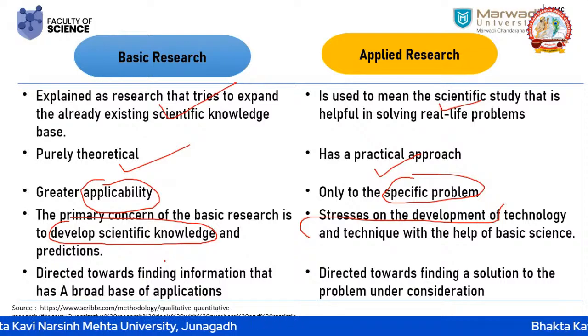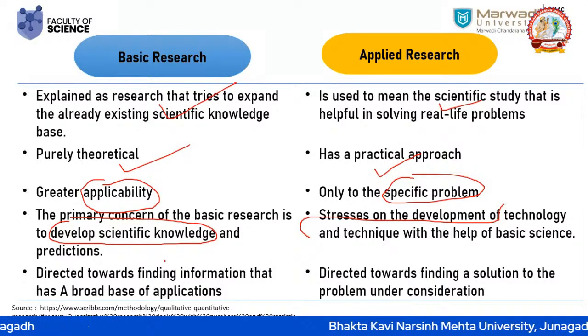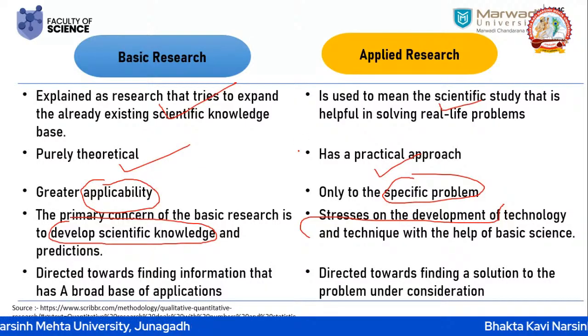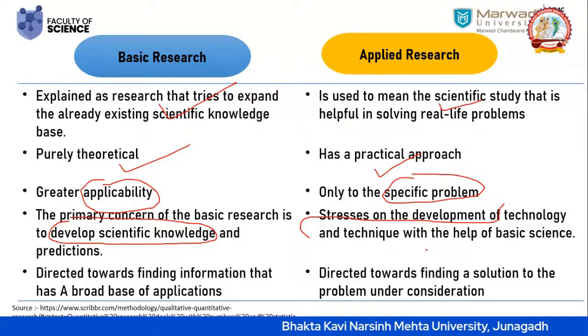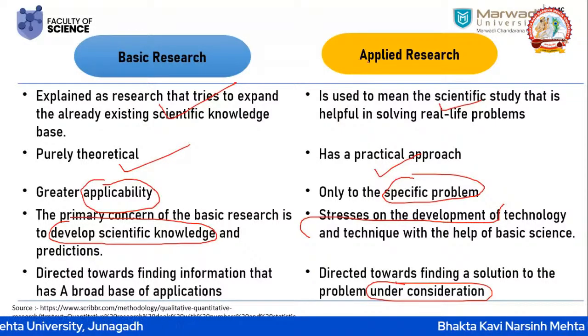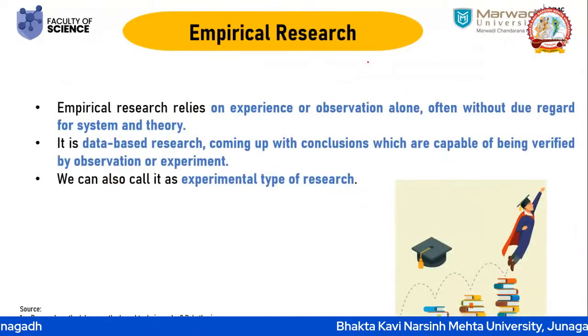Definitely that information is not limited to any single research, but it always has a broad base application. It is not limited to a single point. But the applied research always gives the solution which is under consideration. So you can say that the basic research has a broad phenomena, while applied research has a very limited phenomena that we are doing in your research.